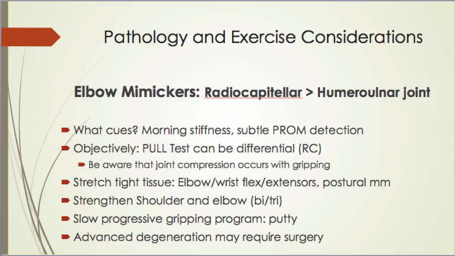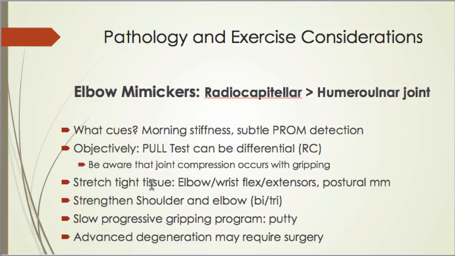That can differentiate the radiocapitellar joint from lateral epicondylopathy. And just be aware that joint compression at the radiocapitellar joint occurs with gripping. So when I squeeze something, I activate all my muscles up to the elbow, the extensors and the flexors, and I cause compression at that lateral radiocapitellar joint.